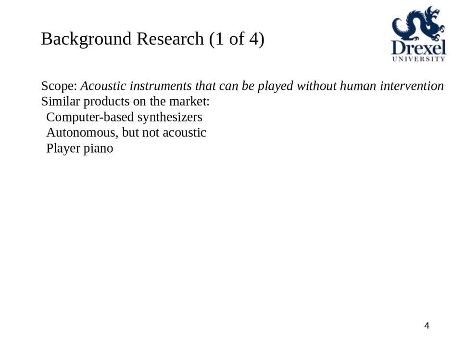So we did some research first. A research effort was comprised to identify products in the market that are within this scope. Some of these products are computer-based synthesizers, which synthesize music digitally, autonomous player pianos, and autonomous but not acoustic synthesizers, which can be analog electronic synthesizers and computer-based synthesizers.